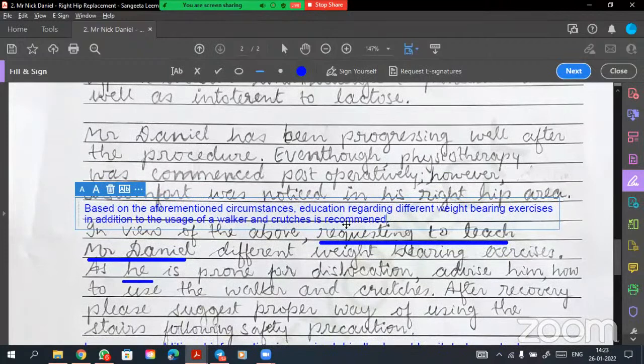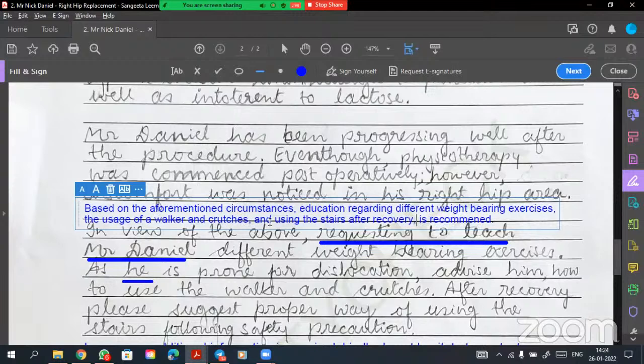And there only you can write usage of a walker and crutches. So here you can put a comma if you want. Bearing exercises, comma. Remove this, in addition to, comma. The usage of a walker and crutches, comma, and using the stairs after recovery.